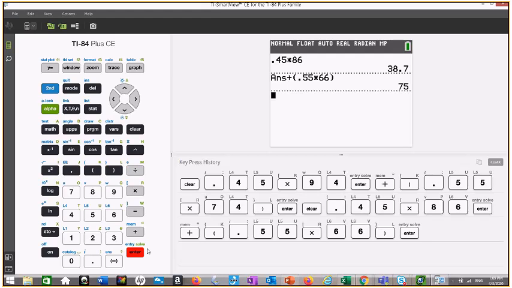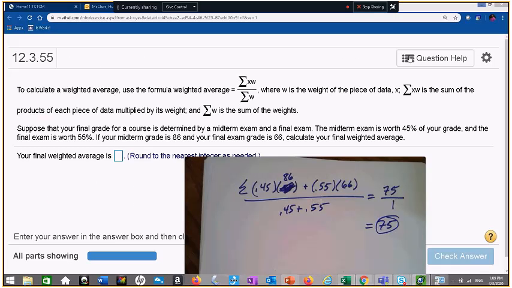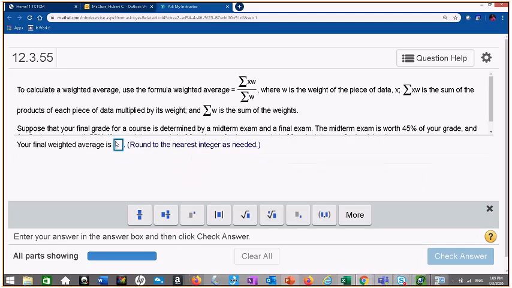So we got a 75 in the class. C stands for college degree. All right, so we go back to the question, and that's going to be a 75.